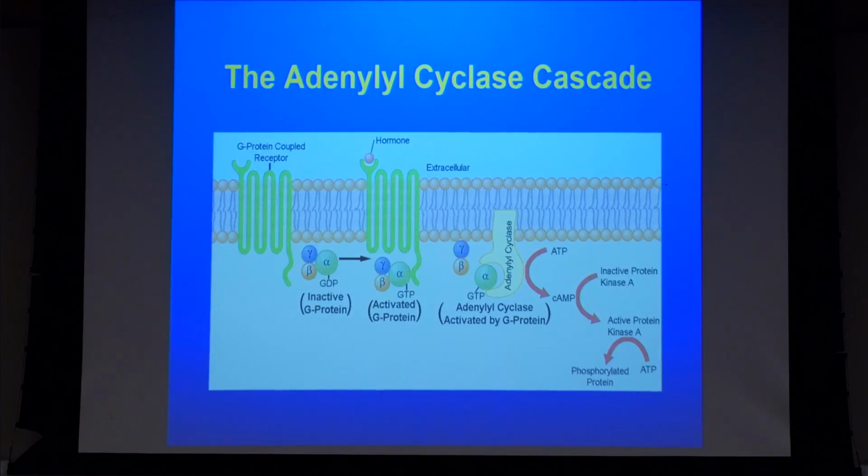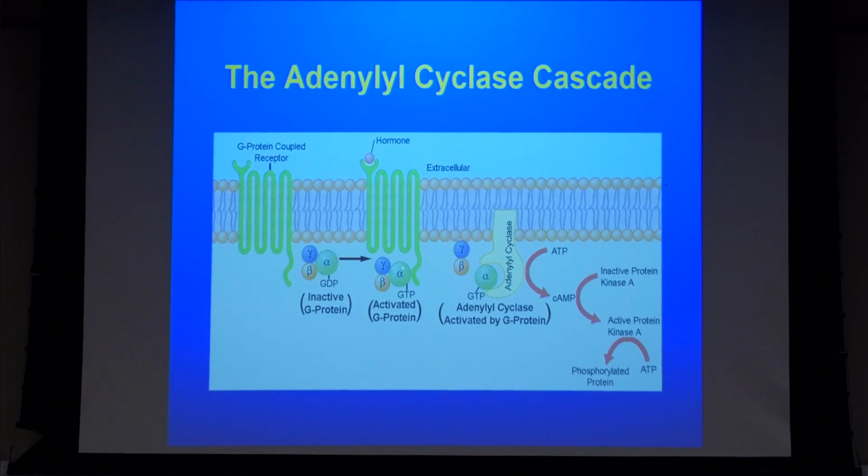The important player for our purposes today is the alpha subunit. Normally, when these 3 are all living together as a happy family, alpha, beta, gamma, the alpha has a GTP attached to it. But then when this threesome binds to an activated G protein coupled receptor, in other words, a receptor that's bound to hormone, whose cytoplasmic region has had its conformation changed, then the alpha, beta, and gamma bind to this site.